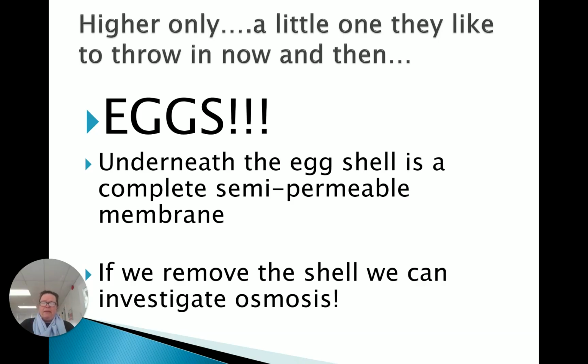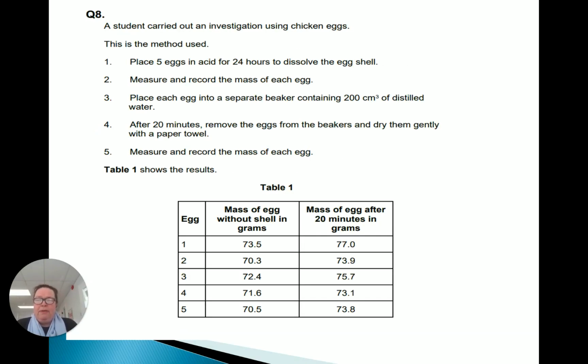If you see something about eggs and removing shells and you're going, what on earth is this about? It's probably about osmosis. So let me just show you an example. We're not going to do the whole question, but I just want to show you an example here. A student carried out an investigation using chicken eggs. They put 5 eggs in acid for 24 hours to dissolve the eggshell.